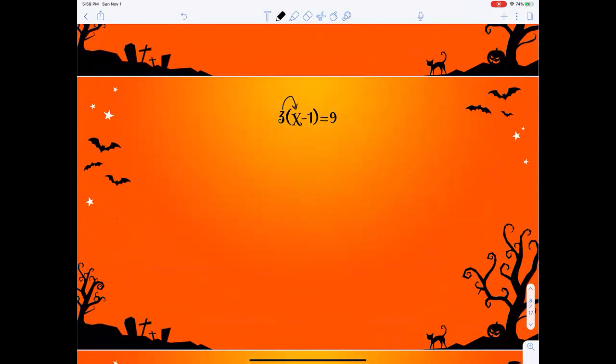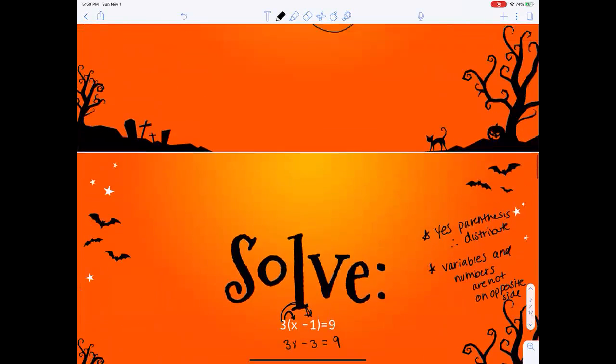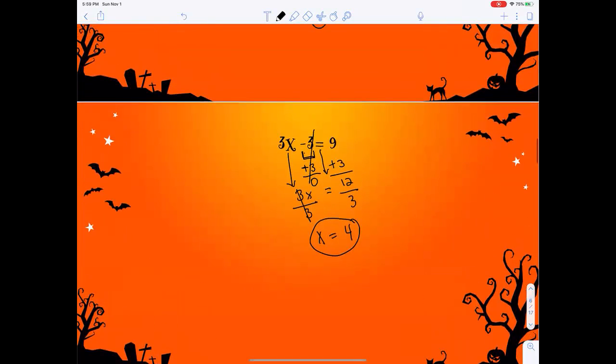So 3 times x is 3x. Then 3 times -1 is -3. Remember, 3 times -1 equals -3. And then we just bring down the 9. This should look similar to what we did up here. We're left with 3x minus 3 equals 9.